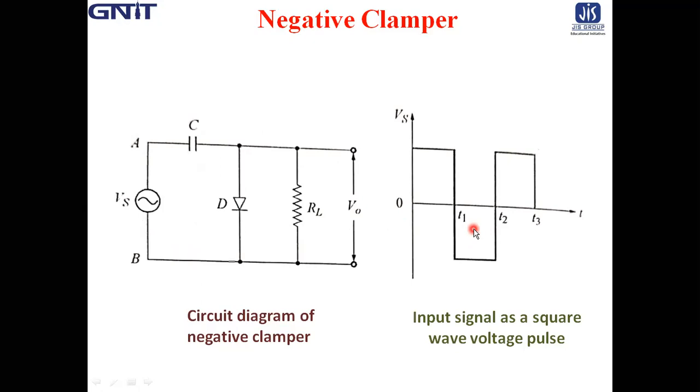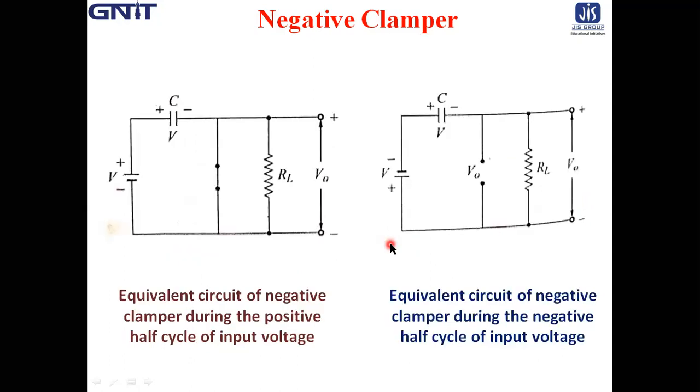See, the diode is forward biased during the positive half cycle of the input voltage, that is from 0 to T1 or T2 to T3. The diode conducts and behaves like a closed switch.